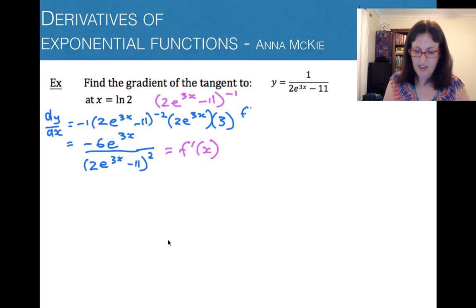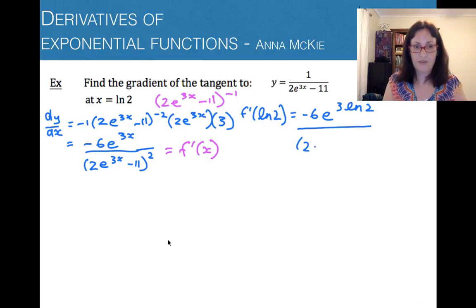So we have f dashed of ln2, that's how I do my l's, is equal to, substituting that x value in to the derivative function. So we have -6 e to the power of 3 ln2 all over, subbing that ln2 in where you see an x.